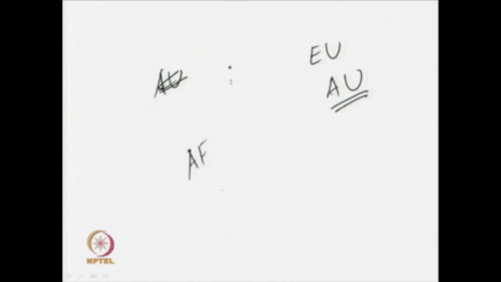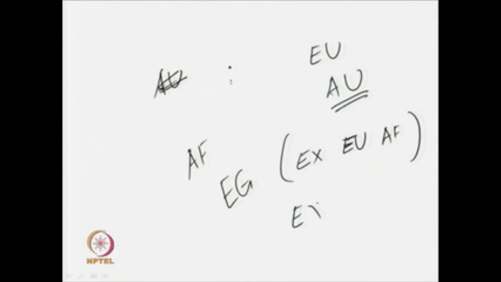So, instead of AF, I can go for EG, because we know that we have equivalence. So, we can look for one complete set of operators: EX, EU and AF. Another operator set I can say is EX, EU and EG.